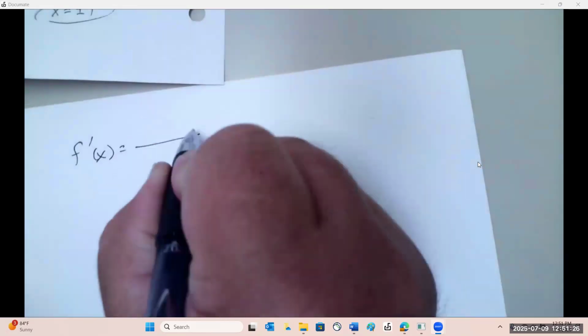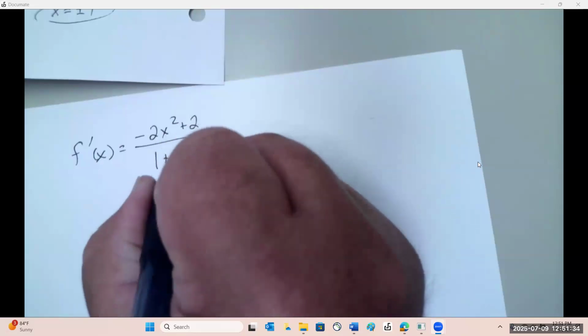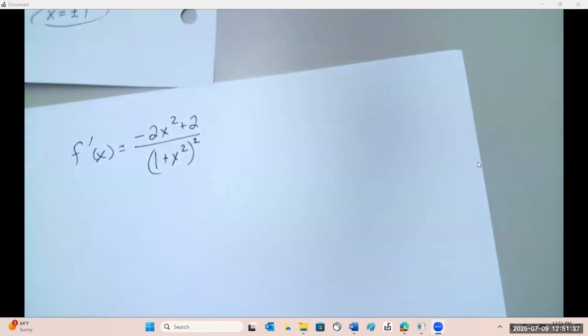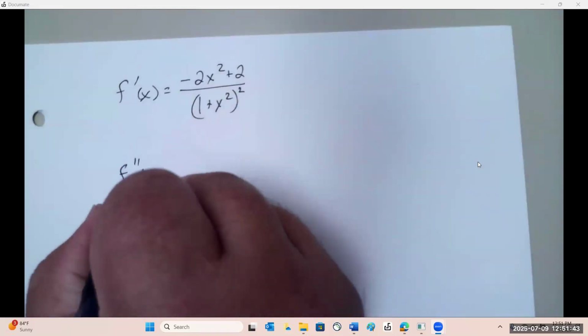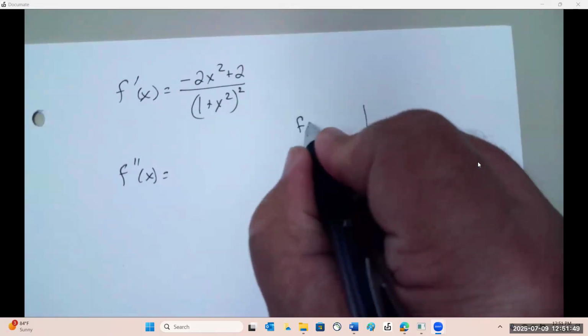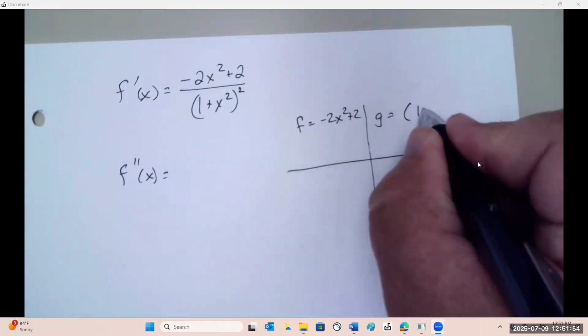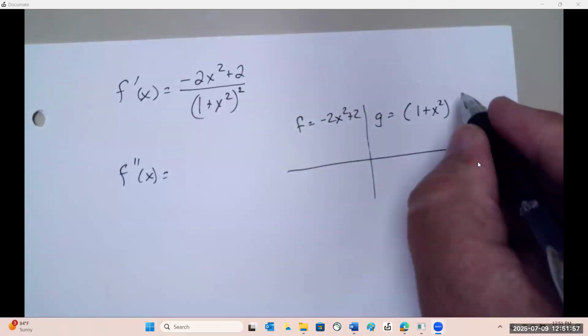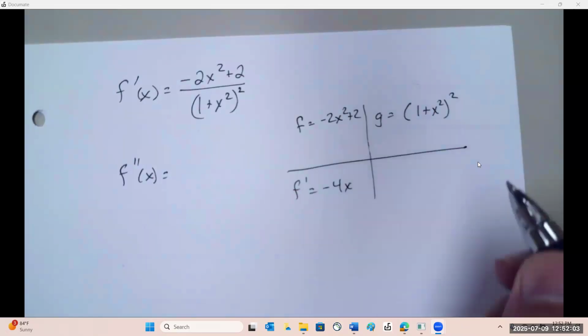So if the first derivative is negative 2x squared plus 2 over (1 plus x squared) squared, the second derivative is a quotient again. So we need F, which is negative 2x squared plus 2. G is (1 plus x squared) squared. F prime is negative 4x.